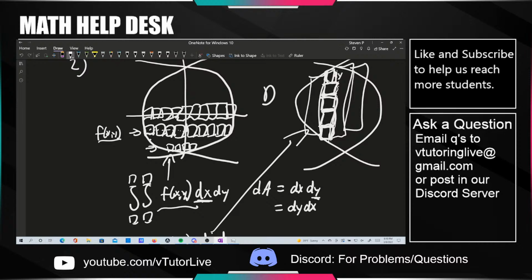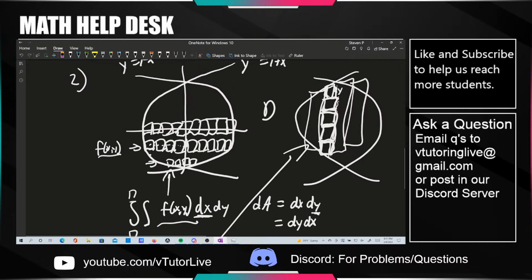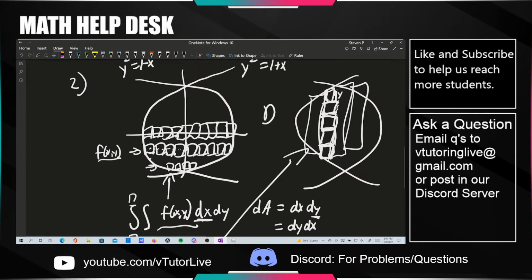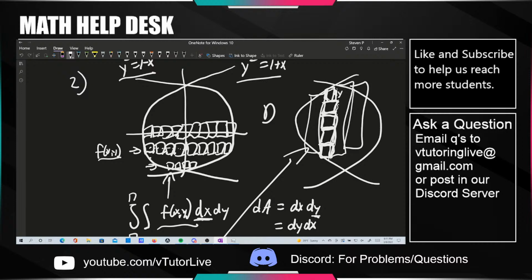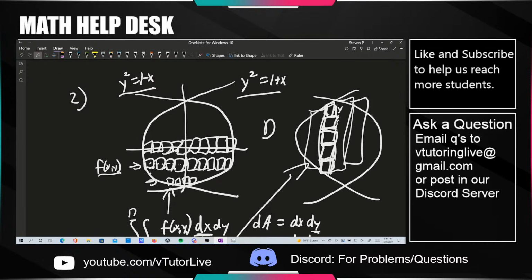That's basically the idea we're getting at here, where y squared is equal to 1 minus x and y squared is equal to 1 plus x.